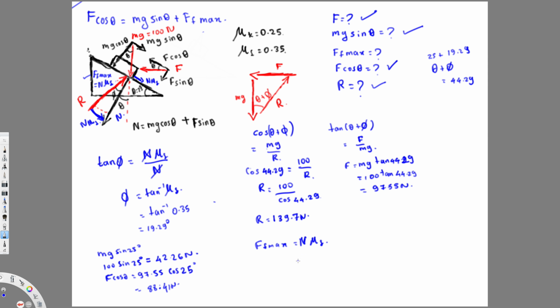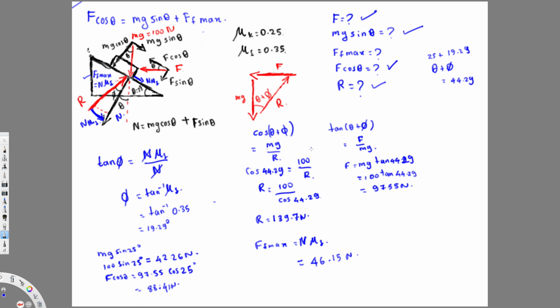N is mg cos theta plus F sin theta, and mu s is given as 0.35. We have mg cos theta and F sin theta, we have F and theta is already there. So if you substitute everything and calculate this value, it's going to become 46.15 Newton. So that's all we need to know.